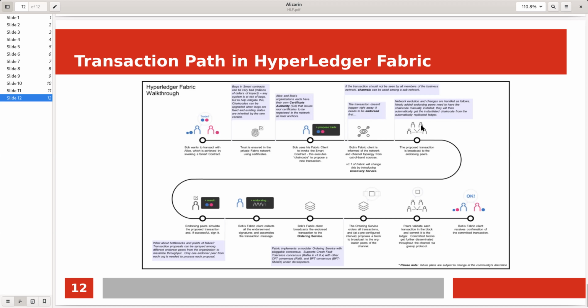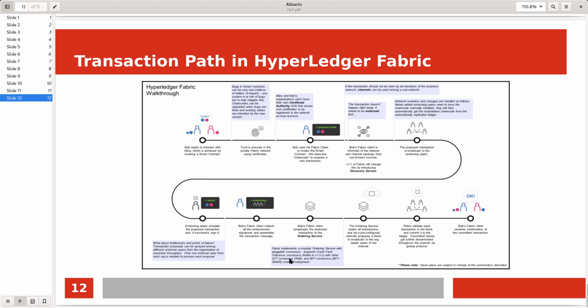Then the proposed transaction is broadcast to endorsing peers, not all of them. A voting is performed on those endorsing peers, an amount of n. A client collects all endorsements and then produces the uniform view to the ordering service, as we have seen.